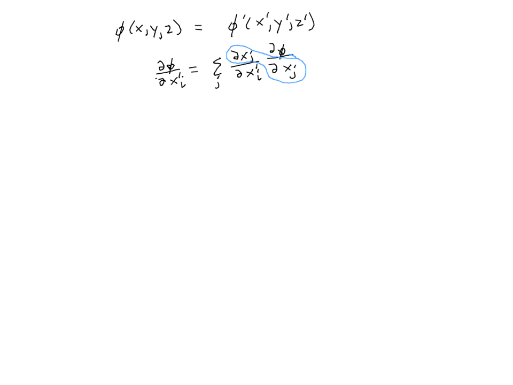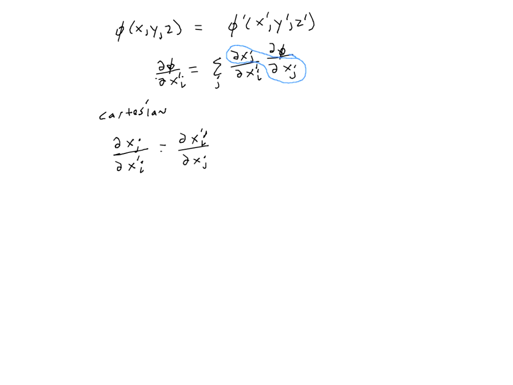So in Cartesian coordinates, and I want to make this very clear that I'm talking Cartesian, what happens is your partial x prime i over partial x_j is equal to your partial x_j over partial x prime i.